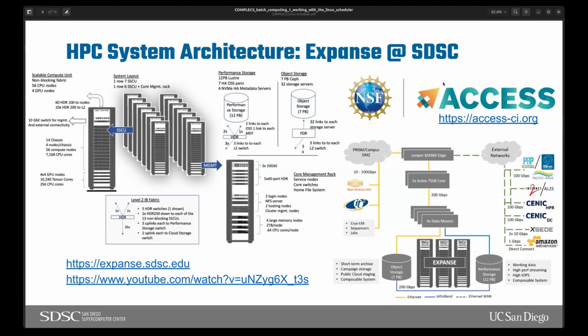Then we also have object storage in a Ceph file system, which is a different type of storage system that is more common on systems these days. Then there's a host of management servers and different specialized connections to different research networks. So it's a complicated picture when you start looking at the details.